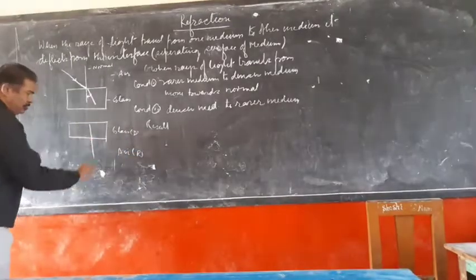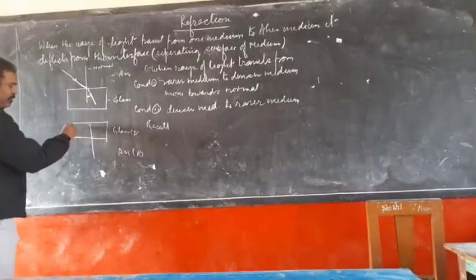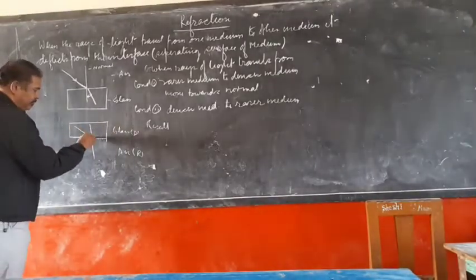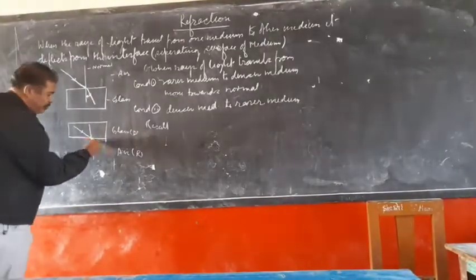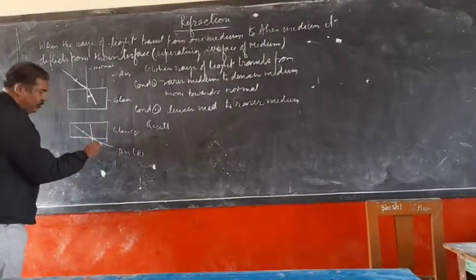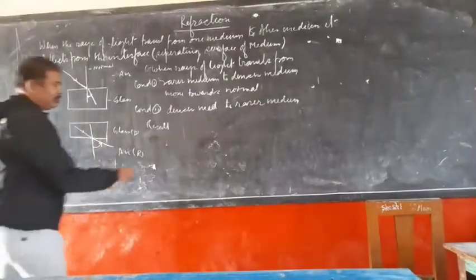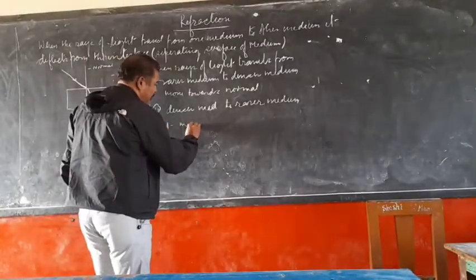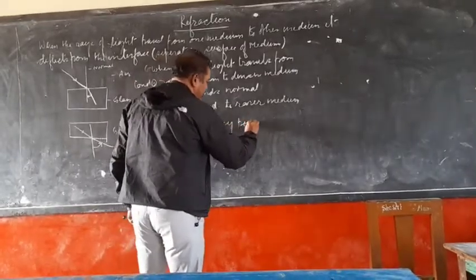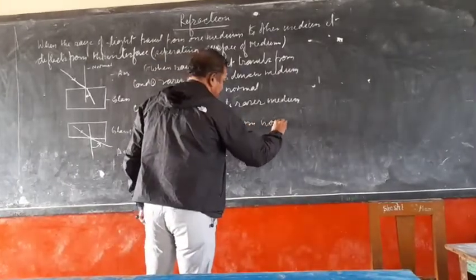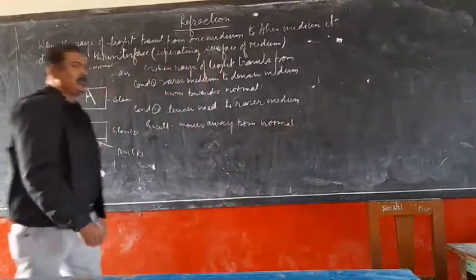Here I have drawn a normal. When rays of light travel from a denser medium to a rarer medium, they move away from the normal.